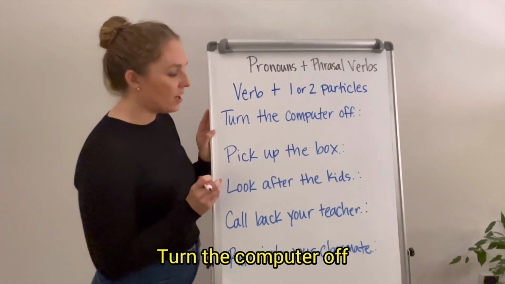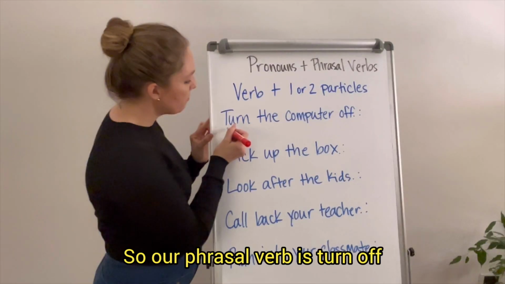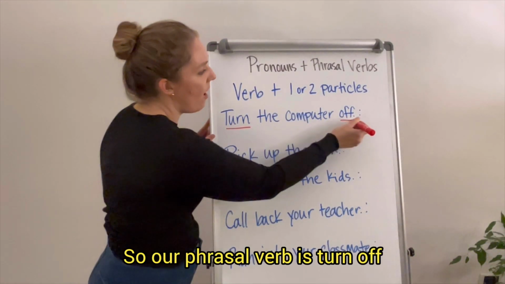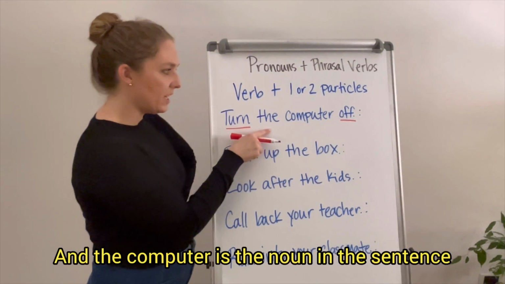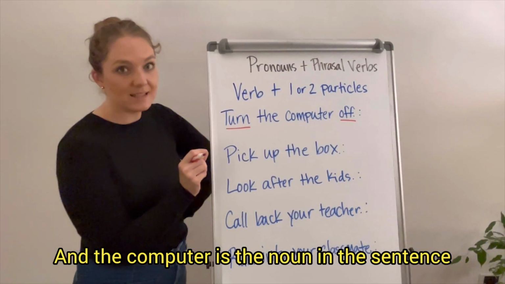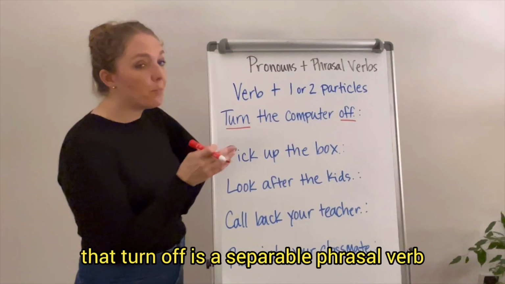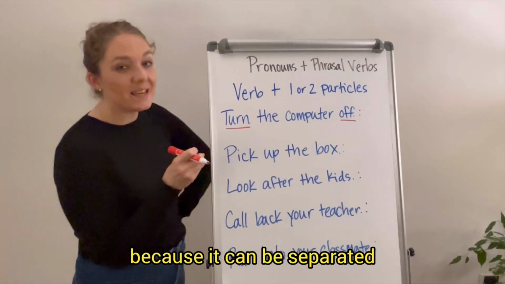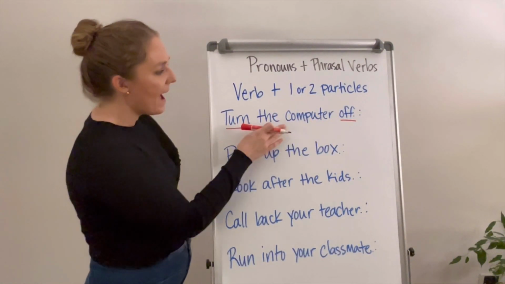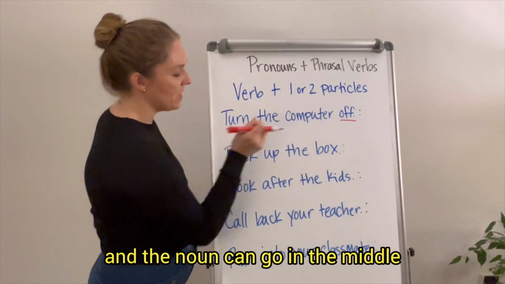Turn the computer off. So our phrasal verb is turn off, and the computer is the noun in the sentence. Now, you can see that turn off is a separable phrasal verb because it can be separated and the noun can go in the middle.